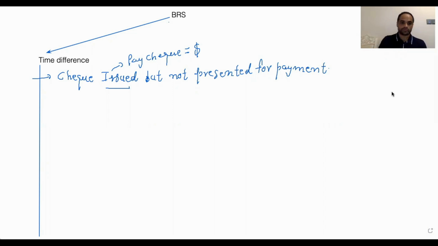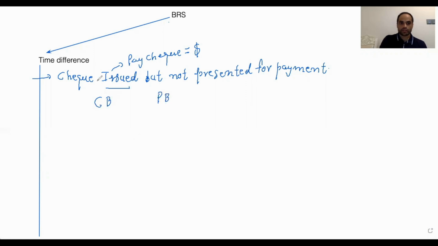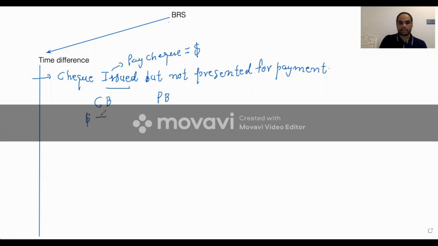So now the problem is, this is your cash book and passbook. Check issue, cash book means company. Check issue, company paying check. So it means money out, minus.